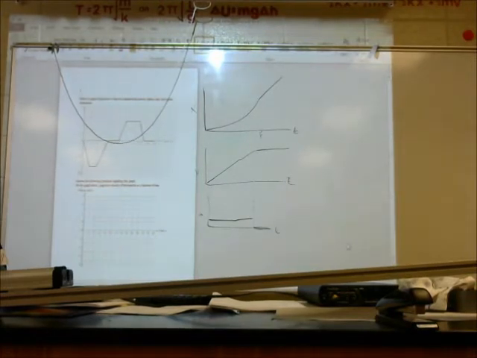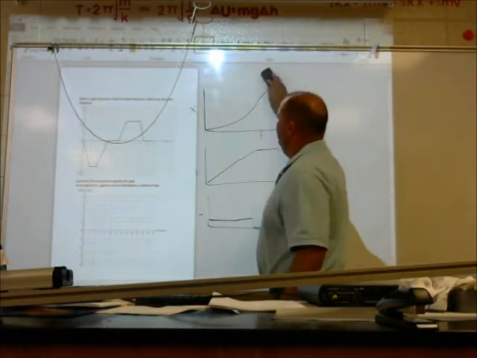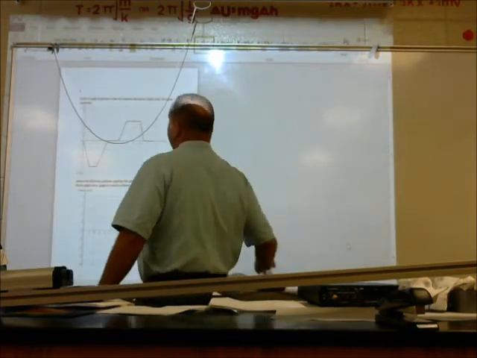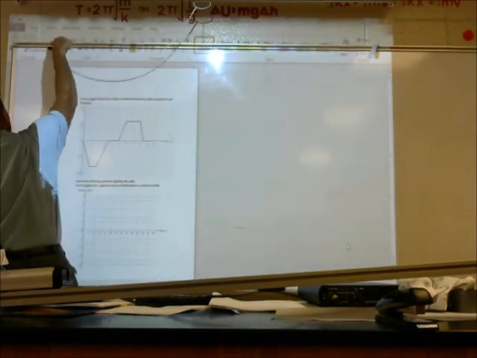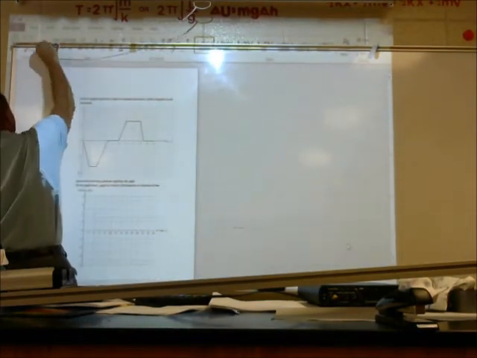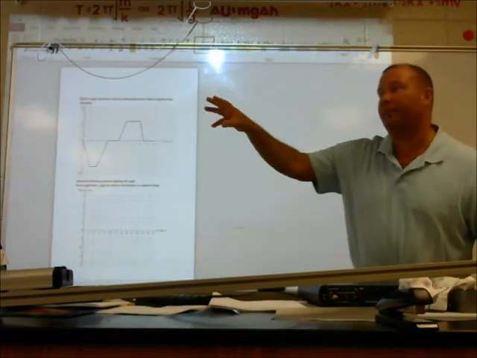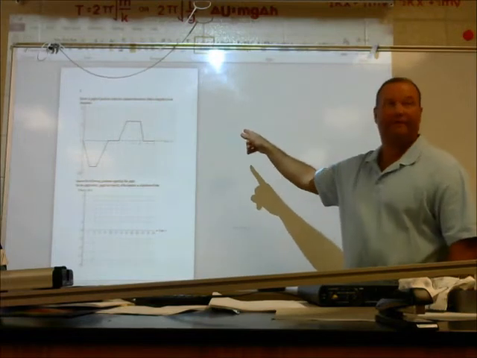The position time graph can be used to make a velocity time graph, but then there's some additional information we can get from a velocity time graph other than acceleration that will be beneficial to us graphically. And then we'll talk about how we can use it. And is there a way to deal with the motion of an object other than off a graph?